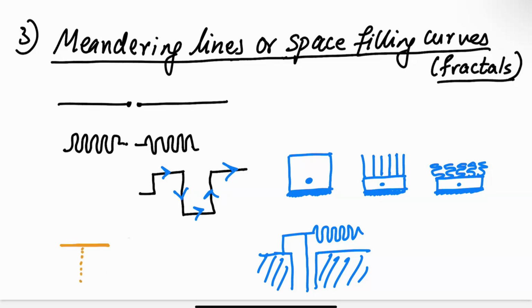So what I can do is I can take this slot and I can meander it around. And then essentially you have a very long slot, which I have shortened. The slot was supposed to be that long. Now it's taking smaller area. And it's the same idea. You can get pretty good performance even at low frequencies from that.